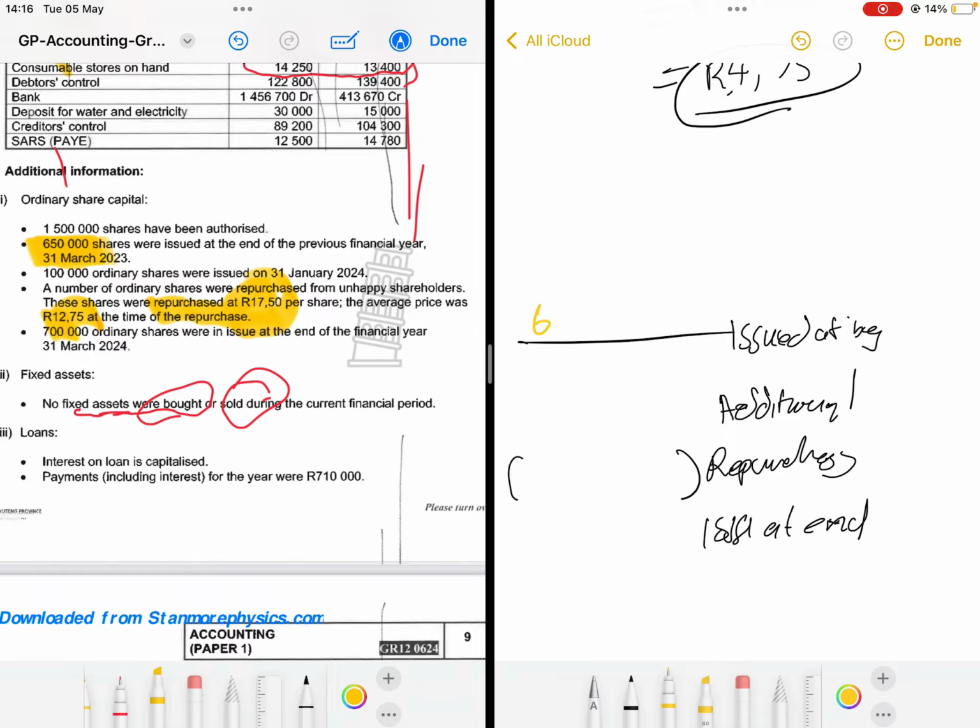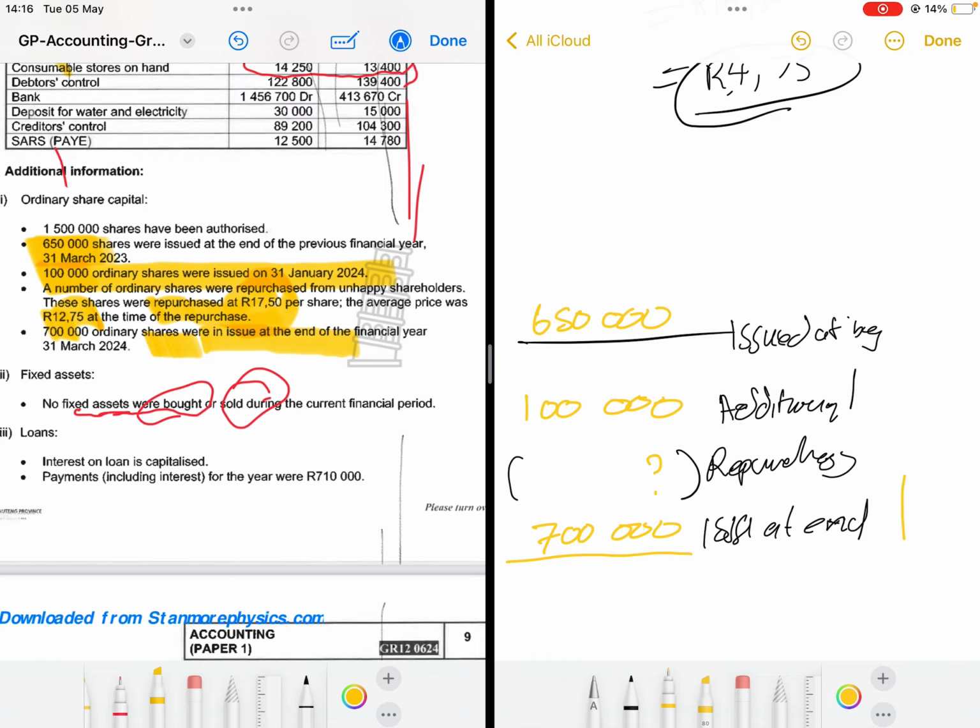Now it will be 650,000 at the beginning. And now you have additional shares of 100,000 which were issued during the year. Now the repurchases is the missing figure. You have the shares in issue at the end, which is 700,000. What are you going to do? Bottom up. Bottom up meaning the positive value becomes negative. The negative value becomes the positive.